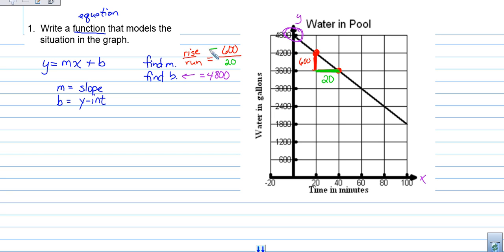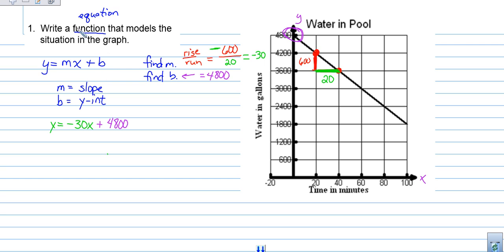So this is a negative 600 over 20. And then you divide that and you get negative 30. So if we were writing it in y equals mx plus b, our m is negative 30. And then our b is positive 4,800.